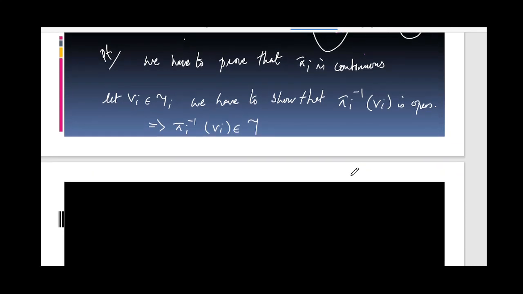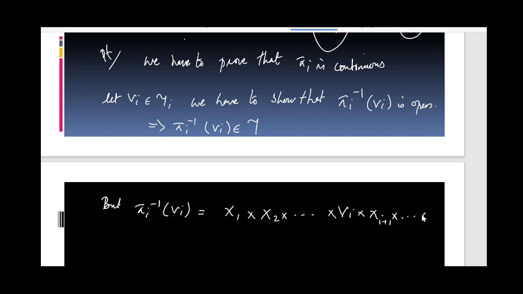Now what about pi i inverse of Vi? It should be X1 cross X2 cross etc. cross Vi cross X(i+1) cross etc. cross Xn. Why am I taking it like this?